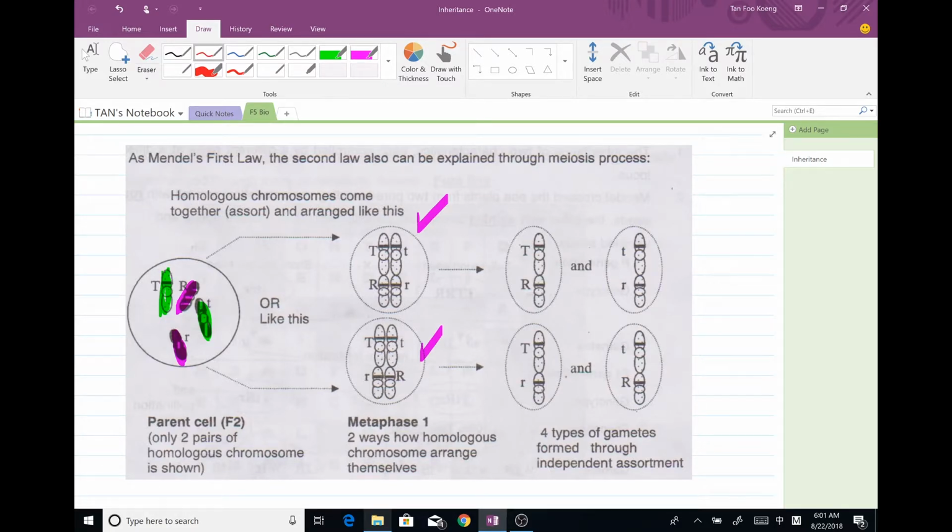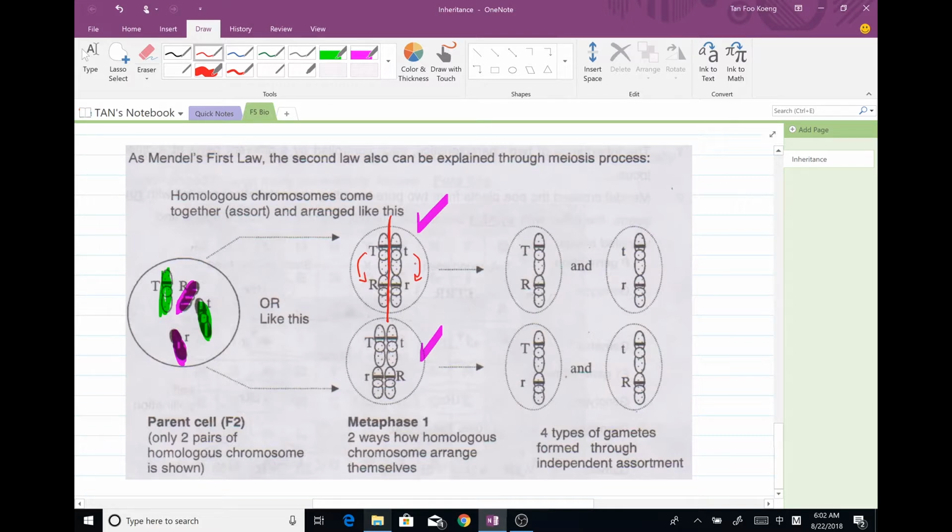If the homologous chromosomes are arranged this way, then during anaphase 1 and anaphase 2, this is how they separate. Can you see that? As a result, big T pairs with big R, and in another gamete, you have small t pairs with small r.